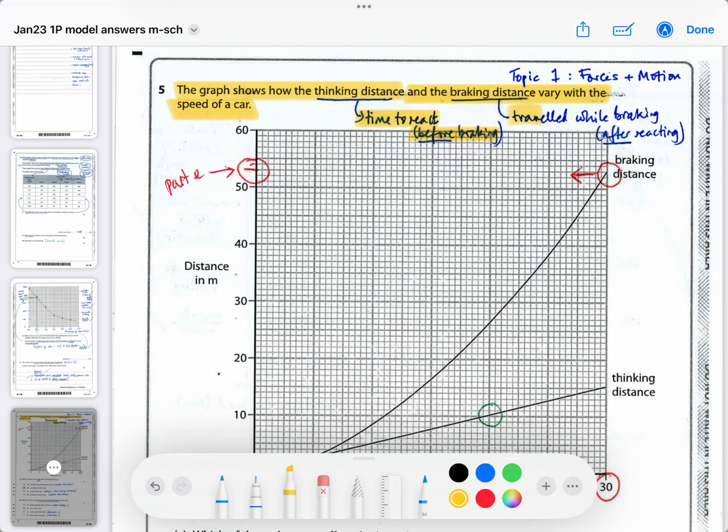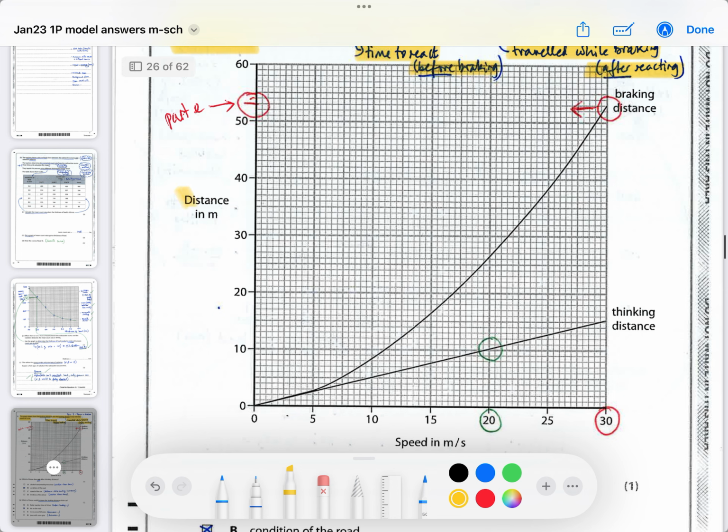And then braking distance is the distance you travel while braking, which is after you've reacted. Hopefully you react quite fast if it's an emergency.